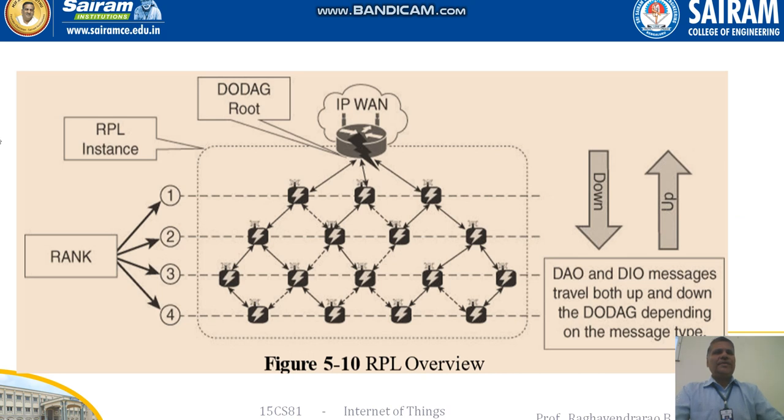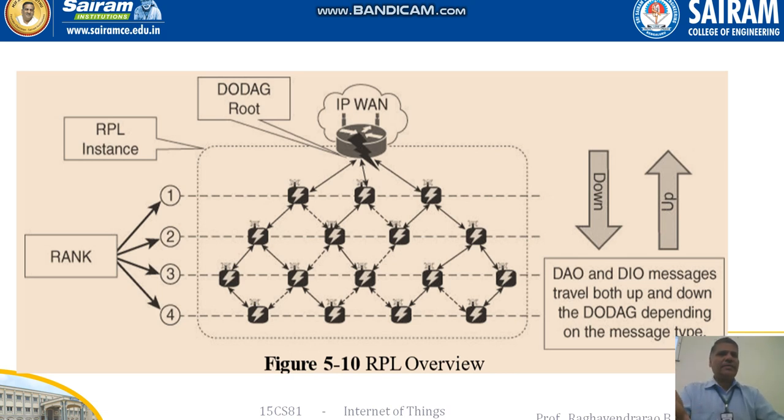The overview of that is being shown here. The IP wireless area network. There is a Destination Oriented DAG. There is a root. The RPL instance is there, that is the complete setup, that is the network.